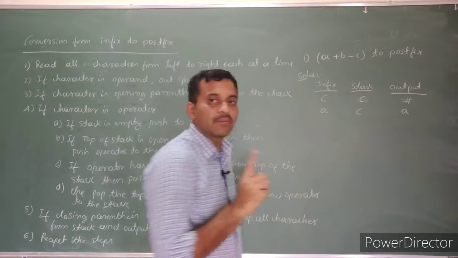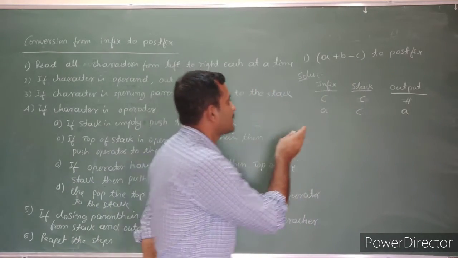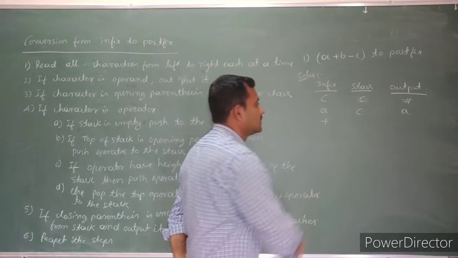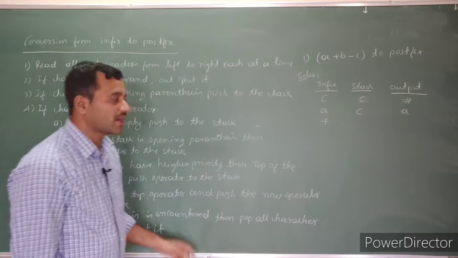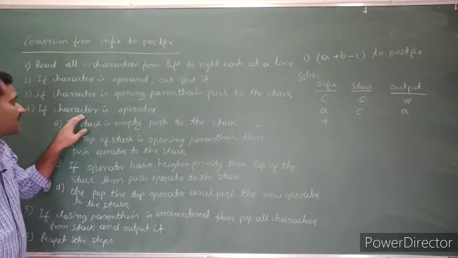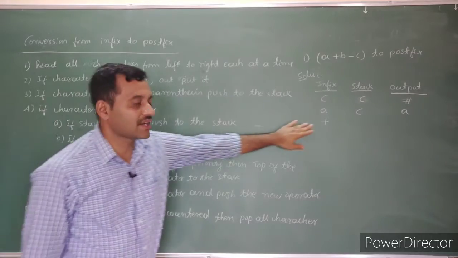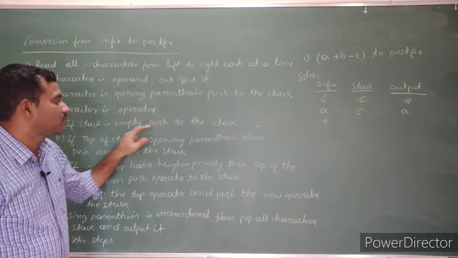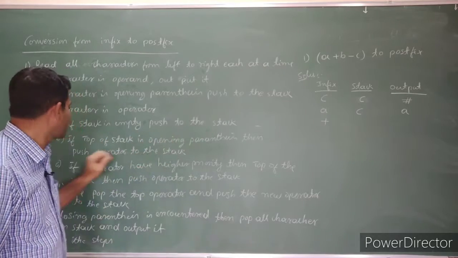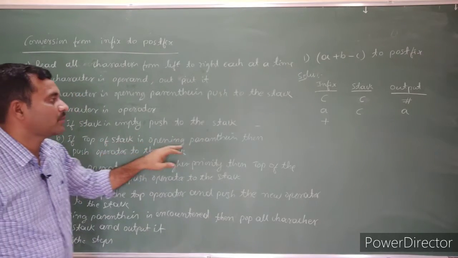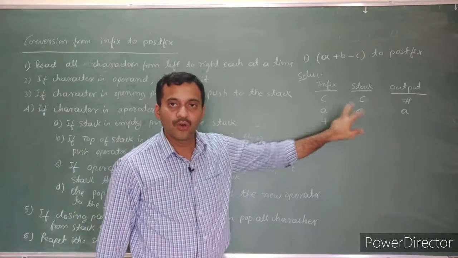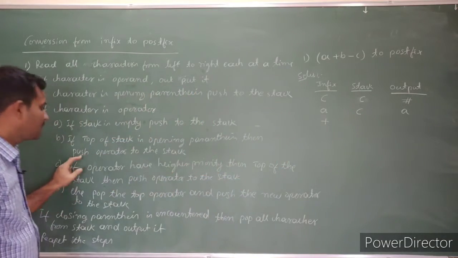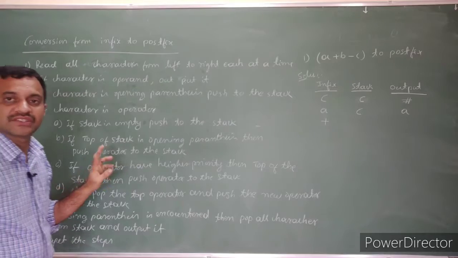The stack has the opening parenthesis. Next, read the character plus. Here plus is an operator. See here, if the character is an operator: if the stack is empty, push to the stack. See the next one: if the top of the stack is an opening parenthesis, which is the top of the stack, then push the operator to the stack.